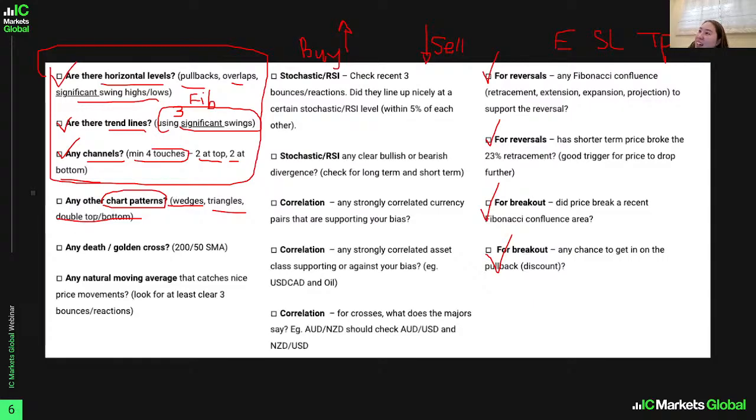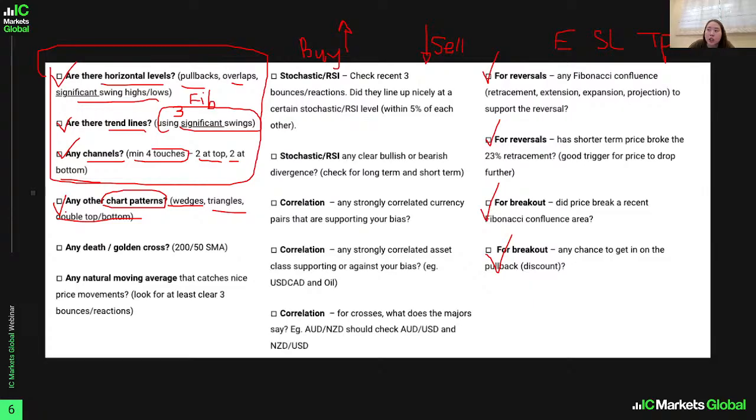So wedges, triangles, double tops, double bottoms, triple tops, triple bottoms, head and shoulders, teacup patterns, inverse head and shoulders. You're basically looking for any kind of chart patterns that will help your decision making be more accurate. Because the whole point of trading is that you're just collecting data and then using the data that you have collected to make a decision, right?